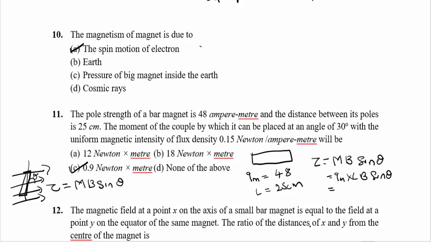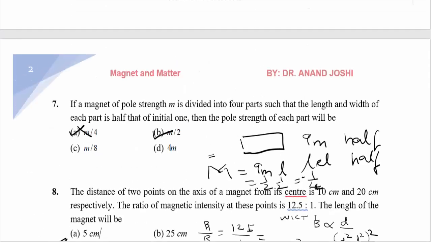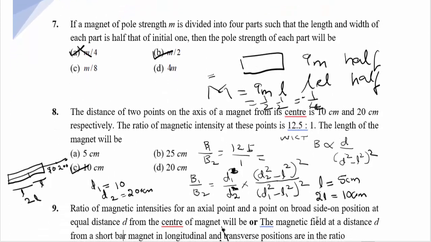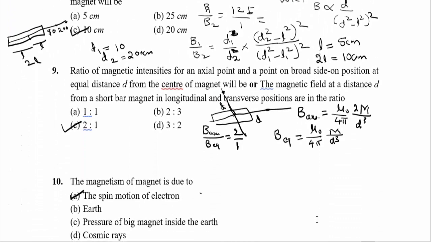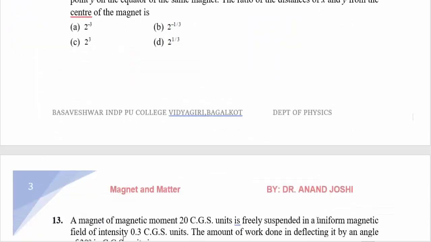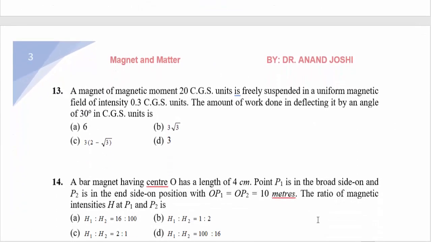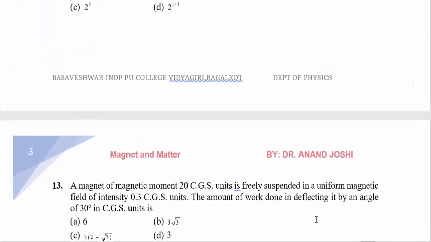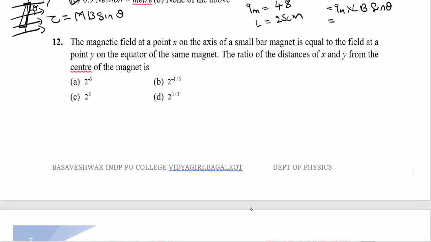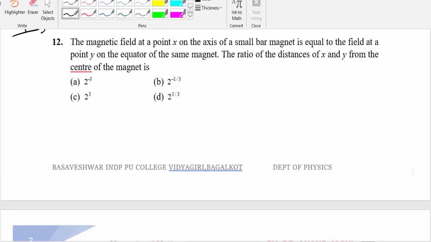So the ratio of distances x and y from the magnet is... sorry, once again I will go back. So here, this is the 12th question. I'll take the pen.